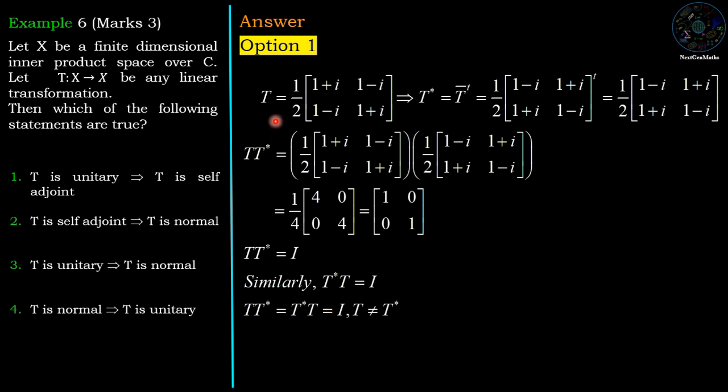So T is a unitary matrix, but T is not equal to T star, since 1 plus i is not equal to 1 minus i. Therefore T is unitary but not a self-adjoint matrix. So option 1 is wrong, which says that if it is unitary, then it must be self-adjoint.